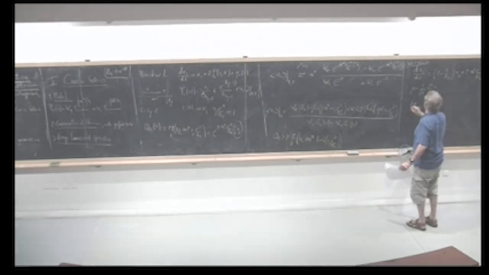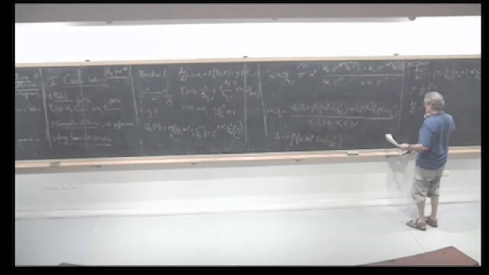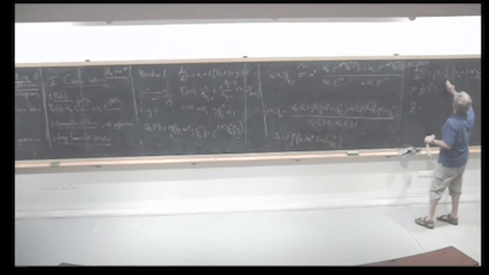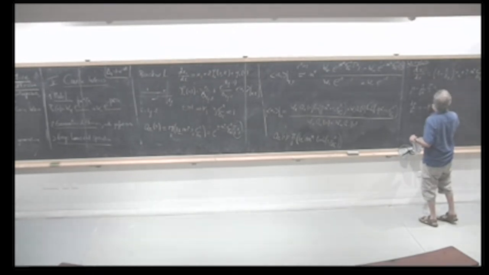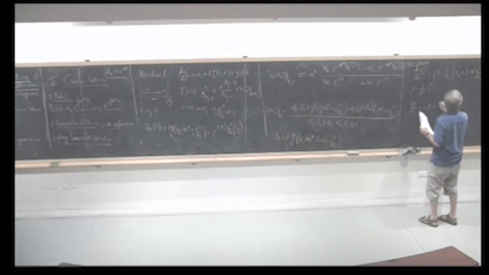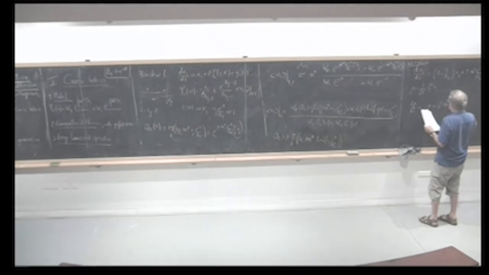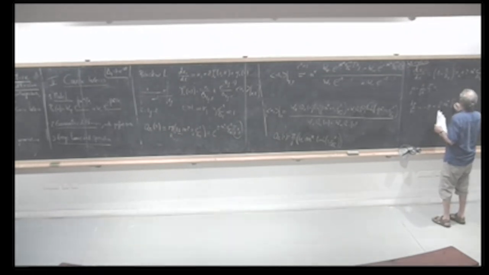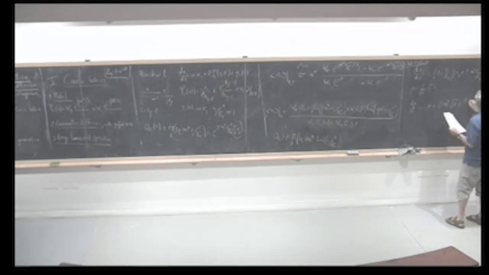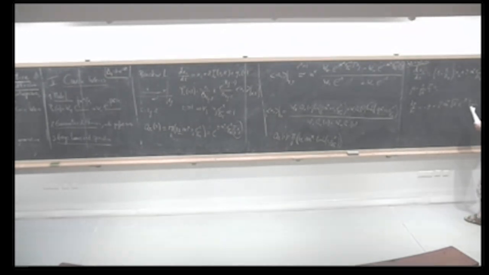I get d mu d tau is equal to, I use that at large time delta is nearly equal to 1, so it is minus mu plus 2 m star square root of d e to the minus t tanh of mu e to the minus t square root of d.